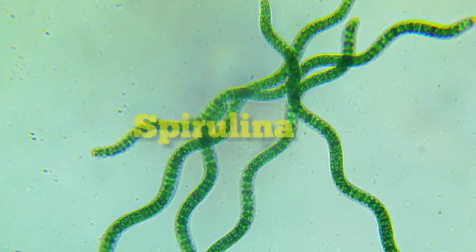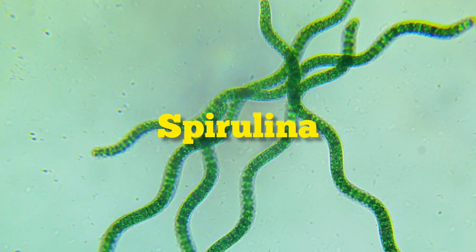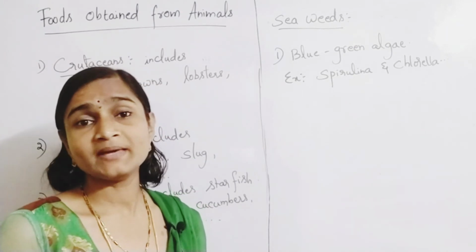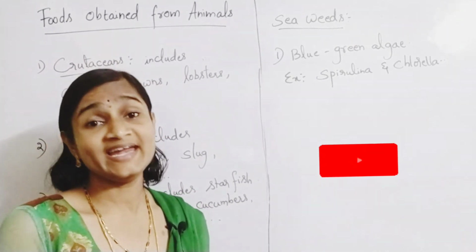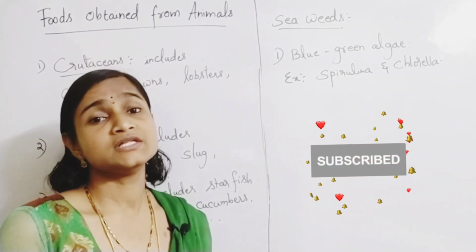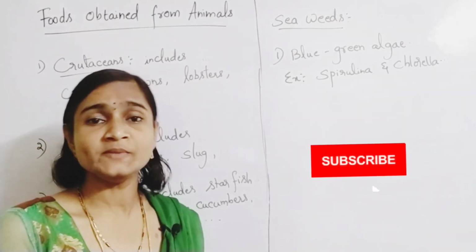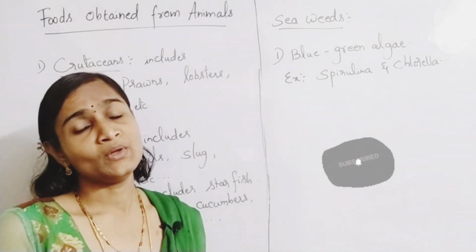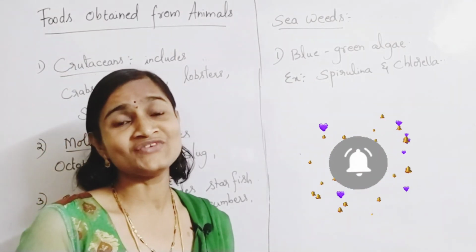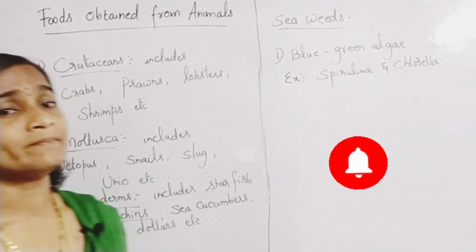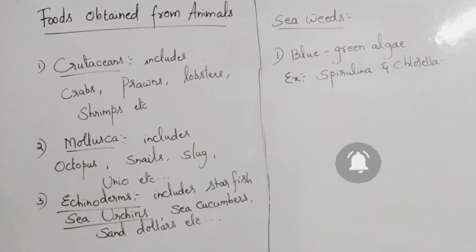These are also best seafoods which are edible, which we can consume. In some parts of the world, people consume these seaweeds. They are rich sources of iodine, so blue-green algae is also the best example for seaweeds.